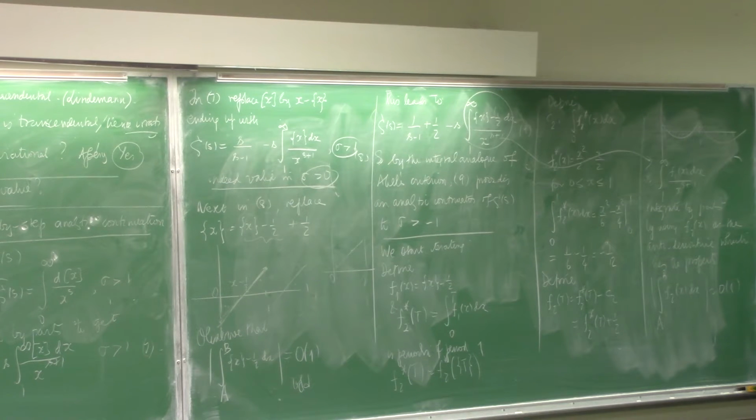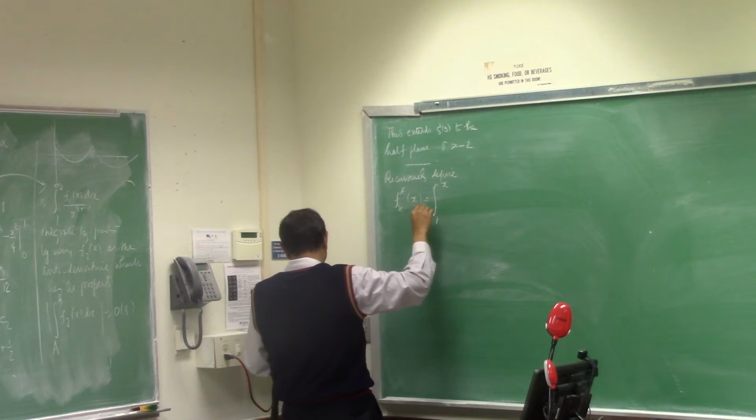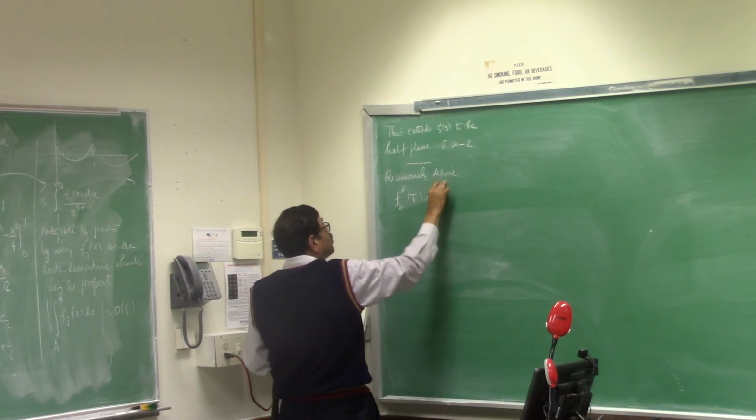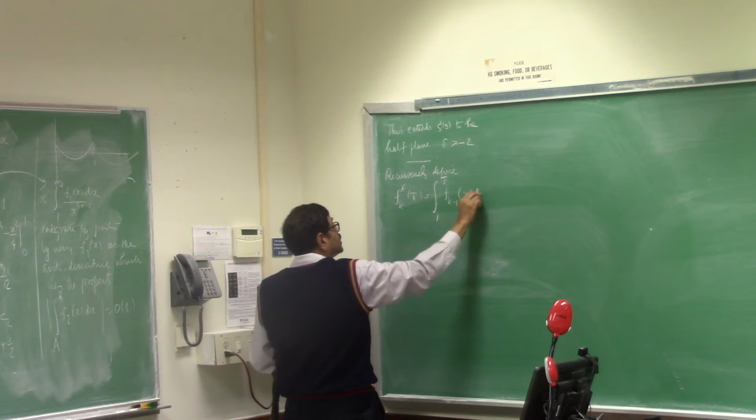Now, recursively, how do we define these functions? I'm going to give you the formula. Alright, so recursively define Fk star of x to be the integral from 1 to x of Fk minus 1 of t dt.